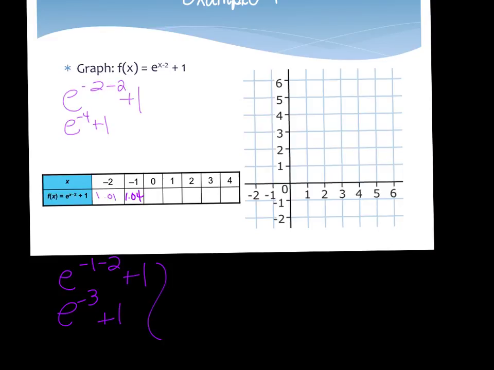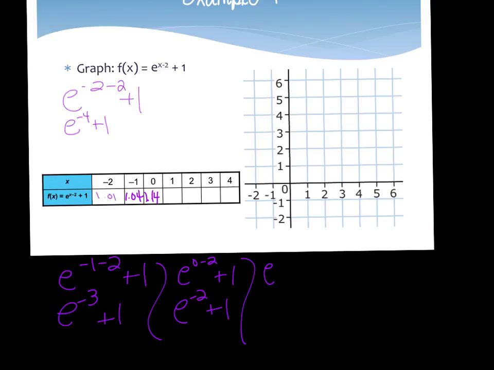And then I would do e to the 0 minus 2 plus 1, which is e to the -2 plus 1. Which is 1.135, which is 1.14.